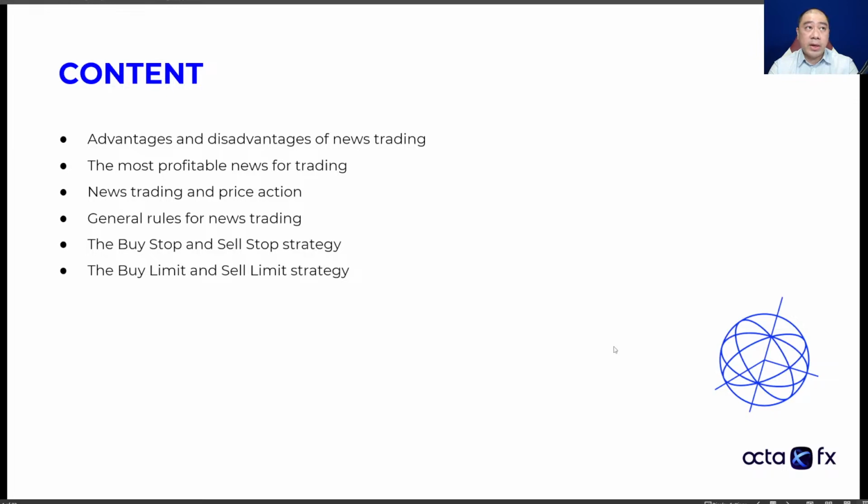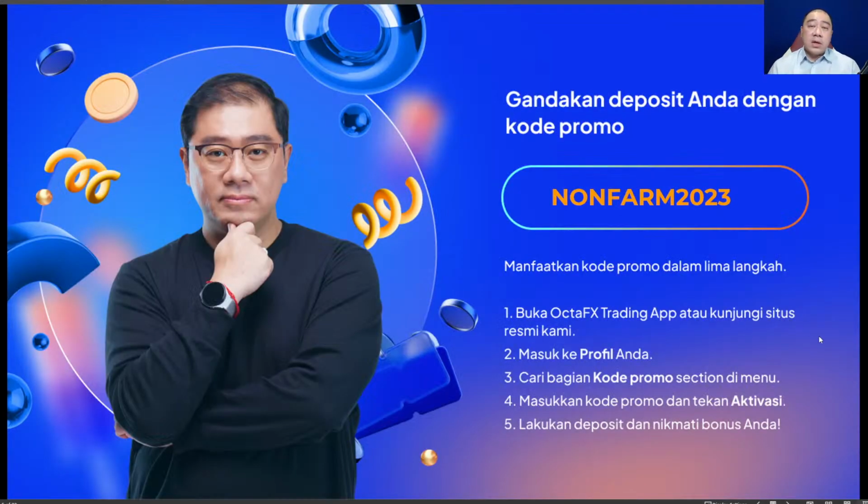And we'll talk about news trading and price action, general rules for news trading, and we'll talk about the buy stop and sell stop strategy, as well as the buy limit and sell limit strategy, just to get things right, because we don't have enough time during NFP release and CPI release to actually talk about these order types, especially if you're not used to these order types, these are pending orders. You might get things mixed up, and that's why we are going to be doing this session in between the NFP and the CPI, just to make sure you understand what you guys are doing and placing the right order types.